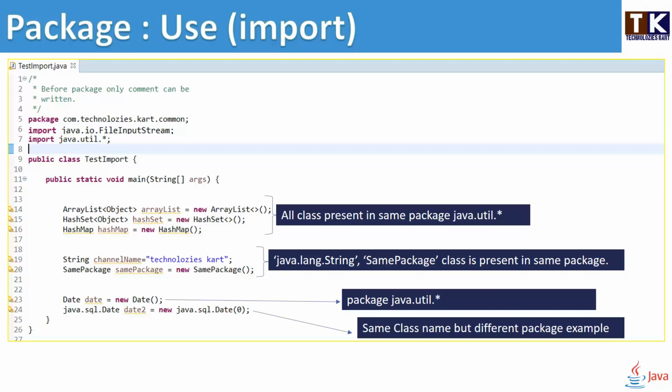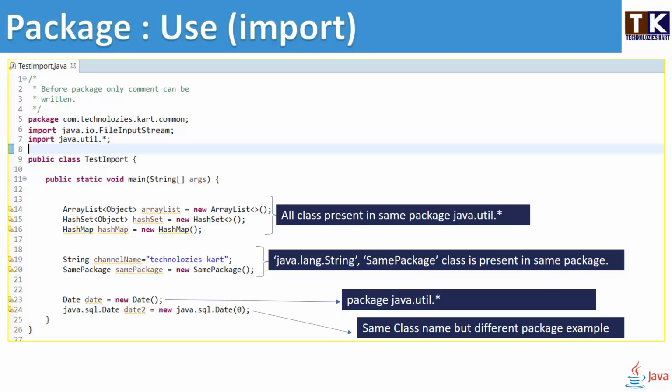Importing a package is only required because at the time of class load, it requires a reference to find out where the class can be found. That means if we import multiple times, it will not cause any performance issue since it is only used as an address to access the class.